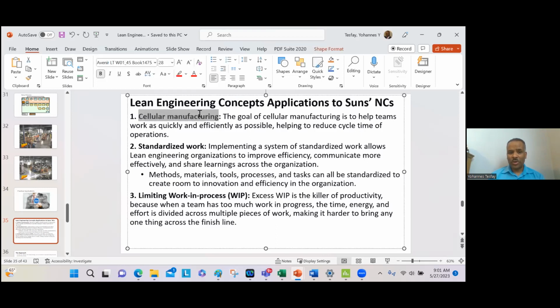Okay, cellular manufacturing. Goal ምንድነው, ቶሎ quickly እና efficiently ይሰራ ማለት, cycle time ማሳነስ ነው.